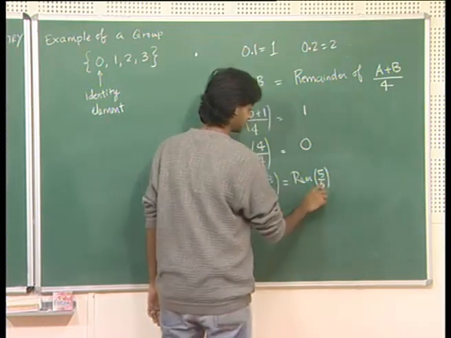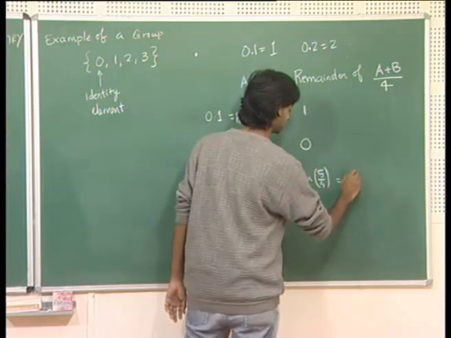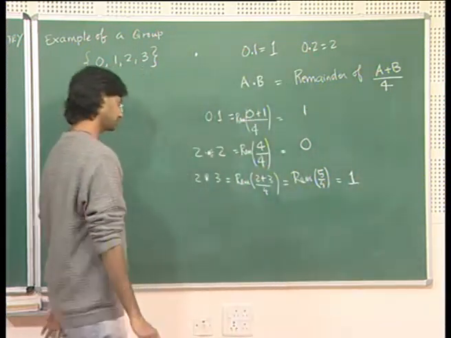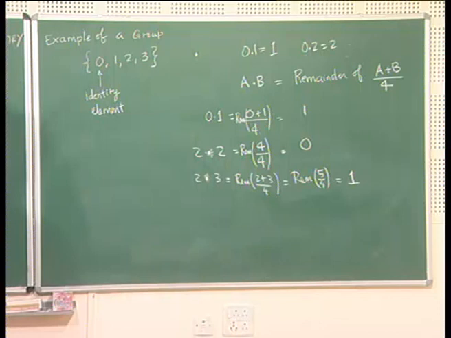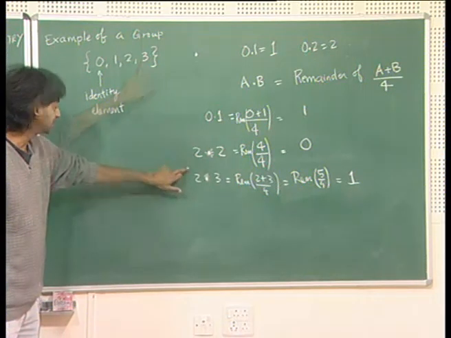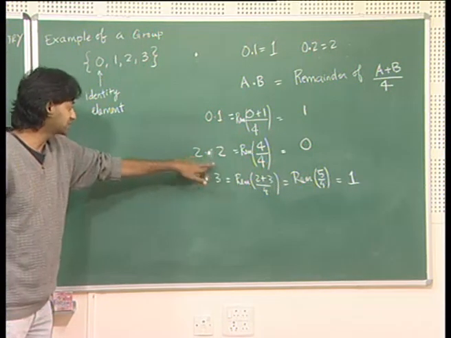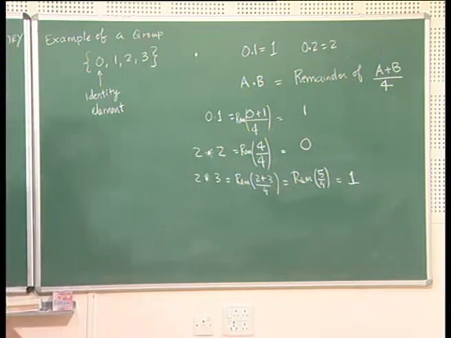When you divide 5 by 4, you get 4 times 1 is 4 and the remainder is 1. You can easily see that if you take any two elements of the group and do this binary operation, you get another element of the group.